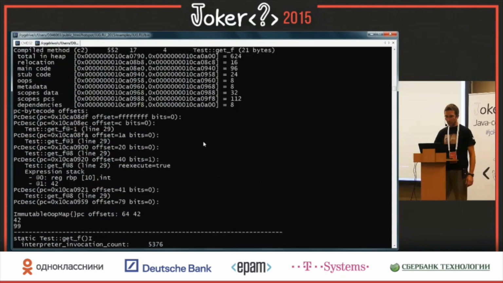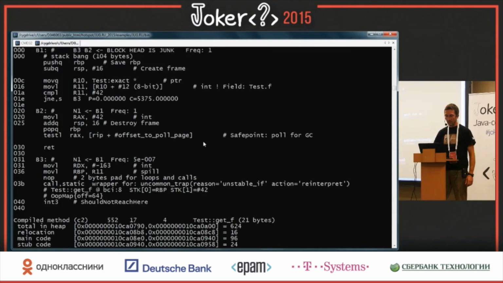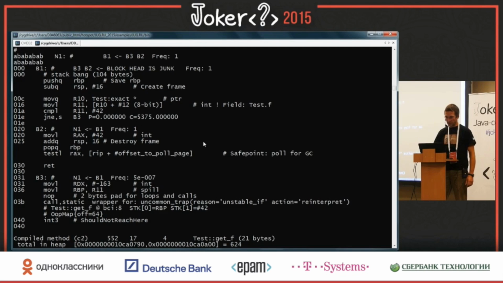If you look at the code generated for the usual case, without trust final non-static fields, we see that the JIT compiler loads here, it says test exact, so this is actually an object.